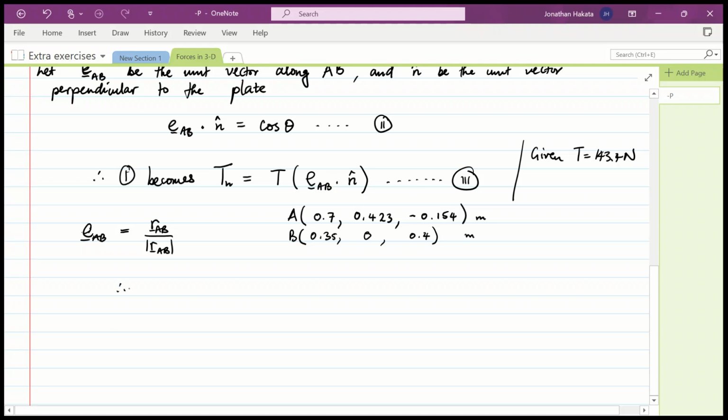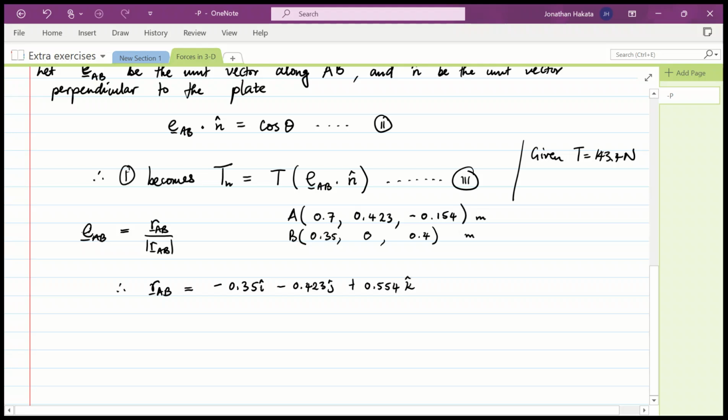Therefore, we can happily say RAB, the position vector from A to B, is equal to the coordinates of B subtract those of A. So you are going to get minus 0.35i minus 0.423j plus 0.554k.